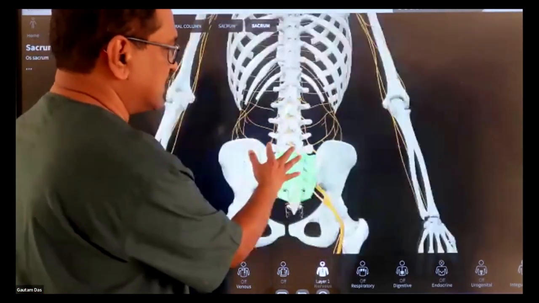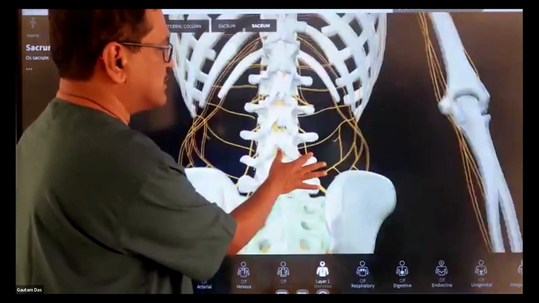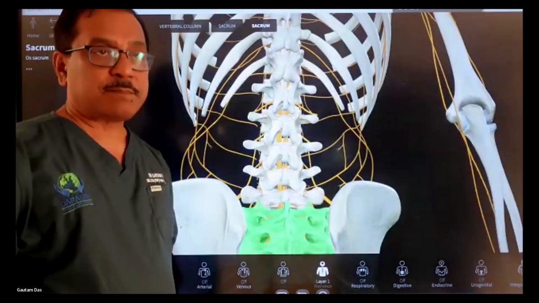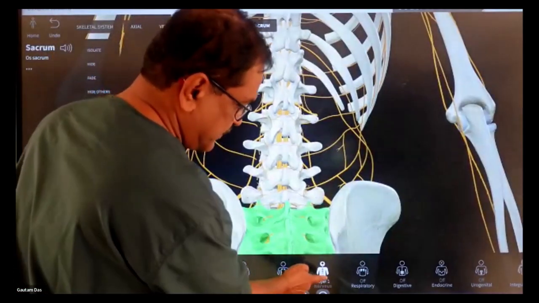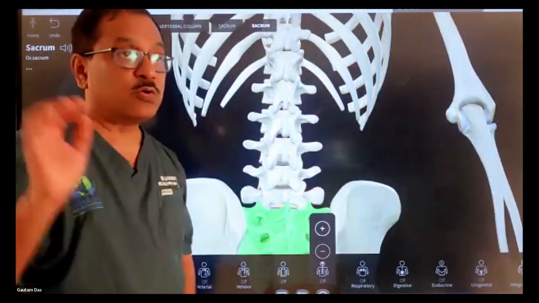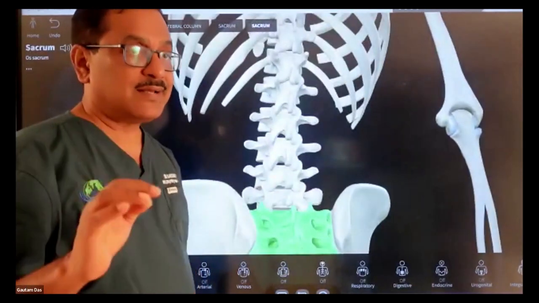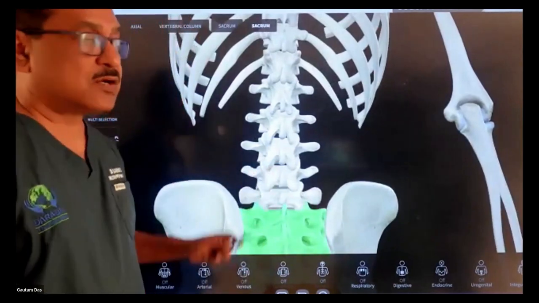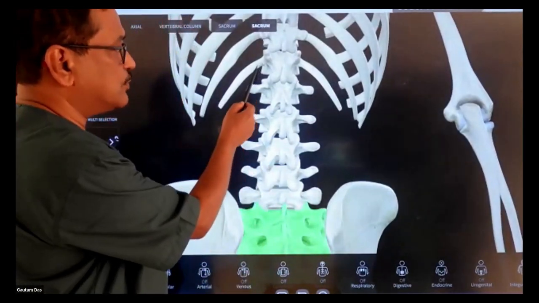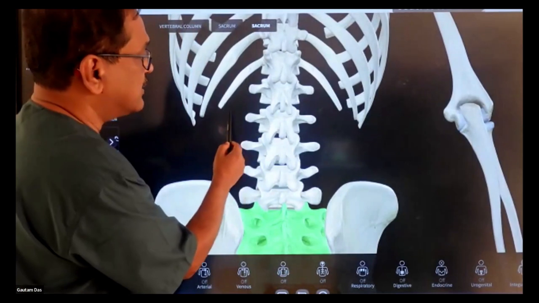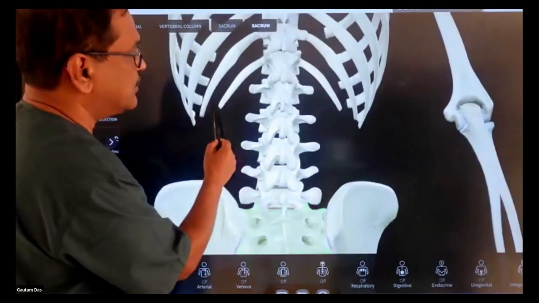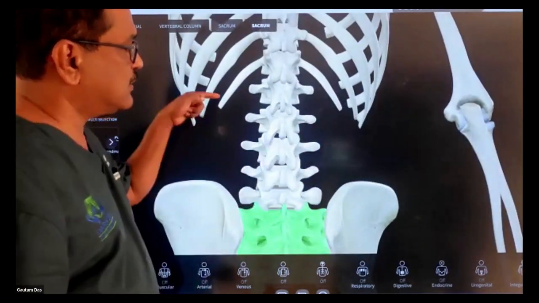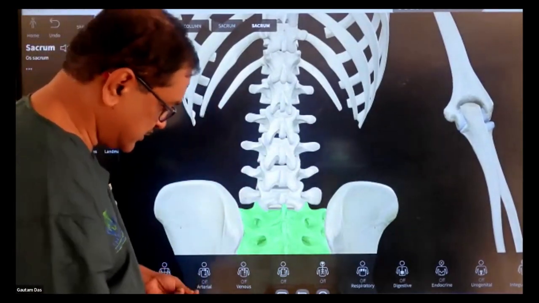For the CM guidance technique, the classical technique is the Kappis technique. Originally it was a blind technique, but later on it was modified. In the Kappis technique, a triangle was drawn, with the 12th rib on either side and the L1 vertebral body. So the lines are drawn, and at the junction where they cross, let me draw it.